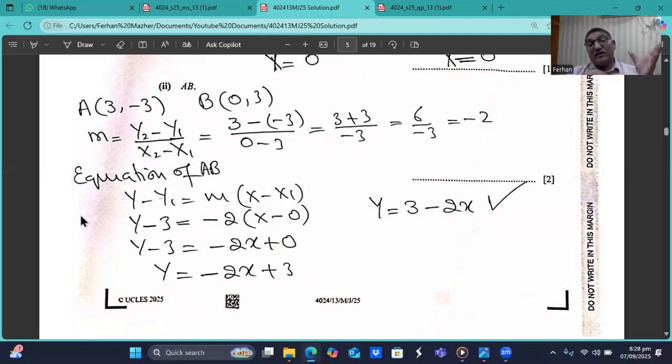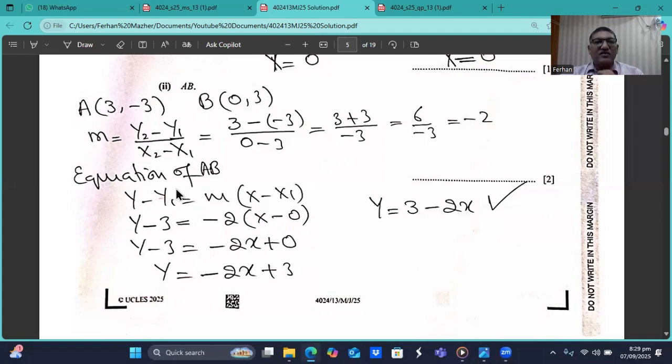Now I know the gradient, and that is -2, and I can take 1 point. You can take point A or you can take point B. I have taken the point B. So y minus y1 equals m bracket x minus x1. This is the formula we use to find the equation of a line. So I'm going to use the point B. So y minus 3 equals -2 bracket x minus 0.